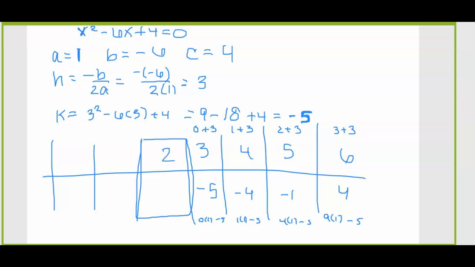Yeah, 2 for x, and then what would the y value be? You don't know? Okay, so if my vertex is here, the y value to the right is the same as the y value to the left because of that axis of symmetry. So it'd be at 2, -4.